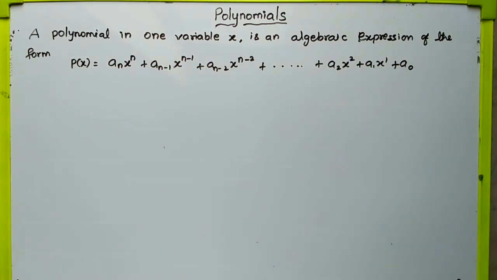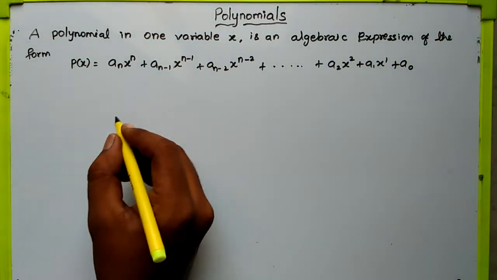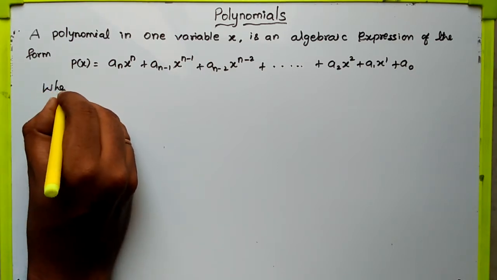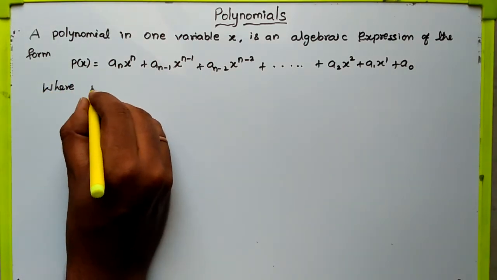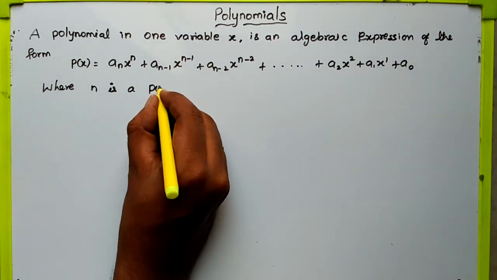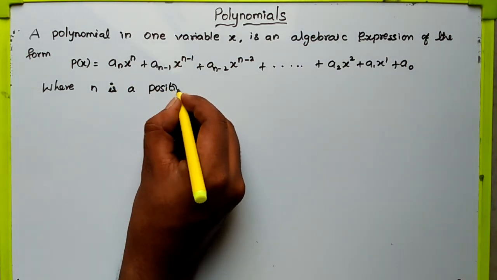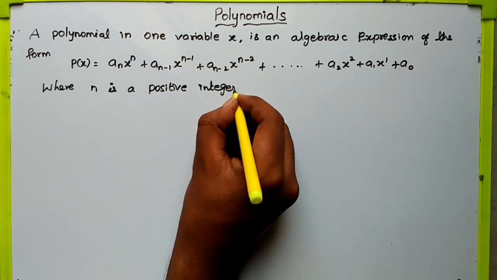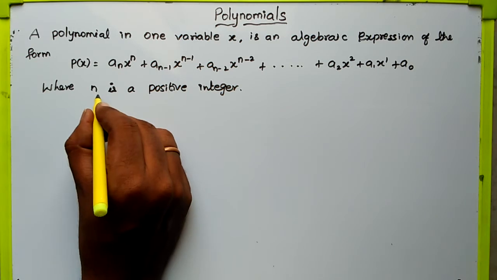a0 is constant, where n is a positive integer. So main point, n is a positive integer.